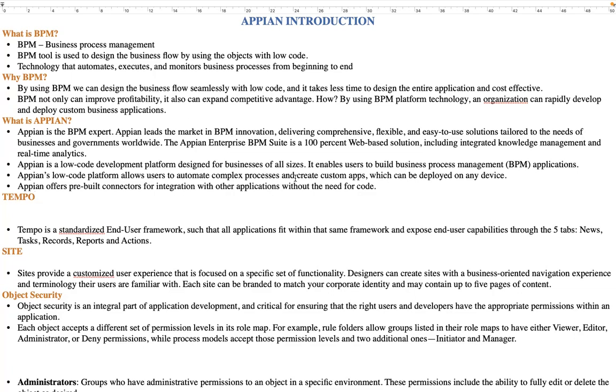So it is cost effective. You can save a huge amount of time, and you do not need a large number of employees. For Java, you need a huge team, but for Appian, you do not need a huge team to develop an entire application. Limited resources are enough to develop applications.